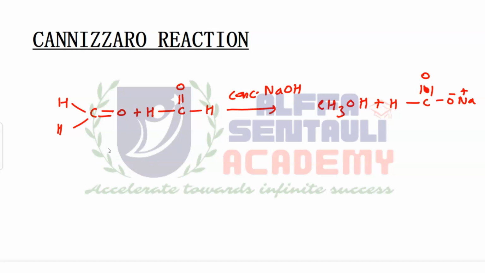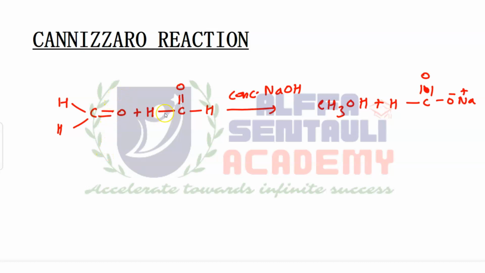So in this reaction, what will happen? There would be a reaction involving simultaneous oxidation and reduction of aldehydes containing no alpha hydrogen atom. That is why this reaction is known as the Cannizzaro reaction. You can understand this in this way.